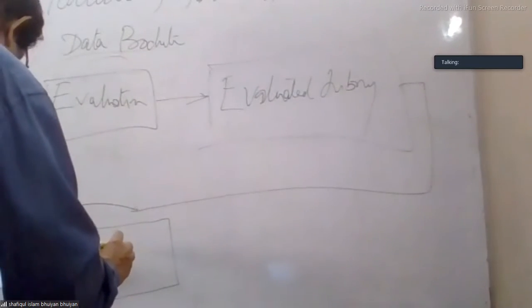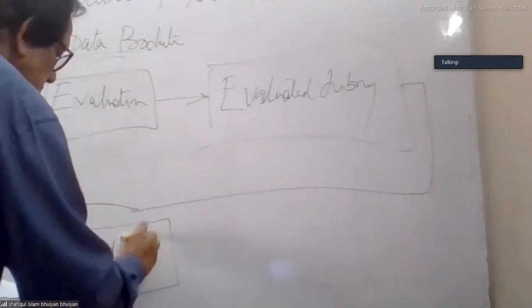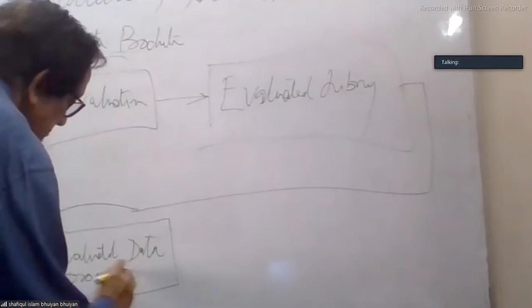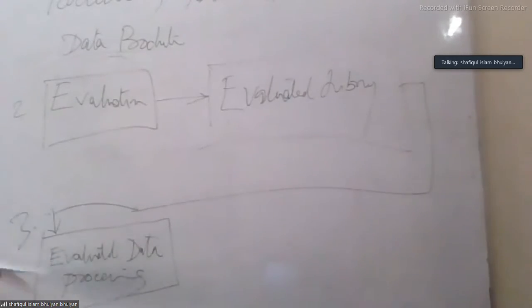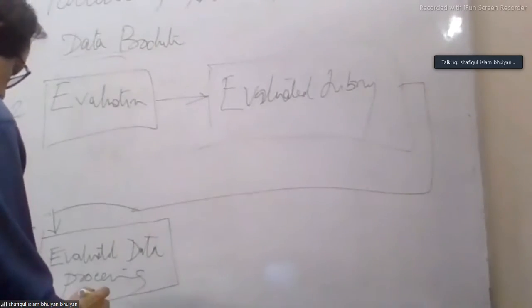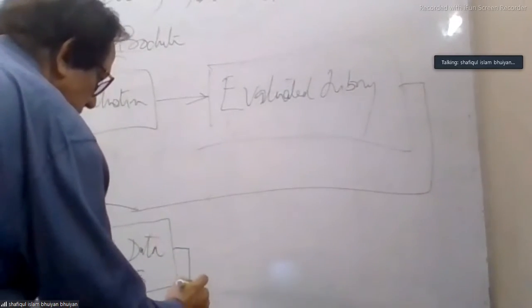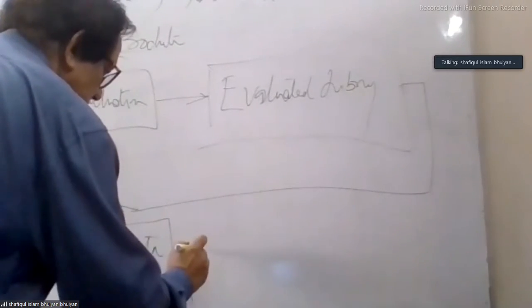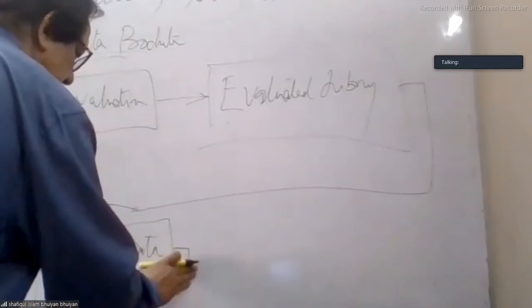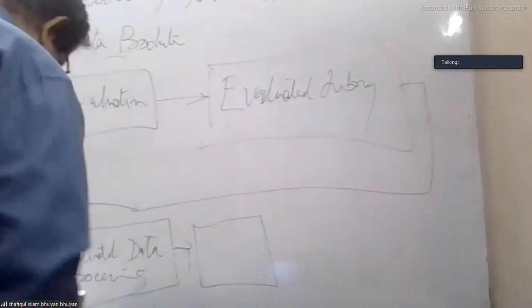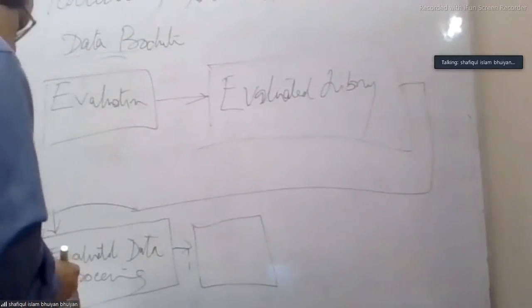Evaluated data processing. Data processing, and from this it flows to, actually it will be a second step here. I write it here just in case you don't see it. So from here it goes to data checking.